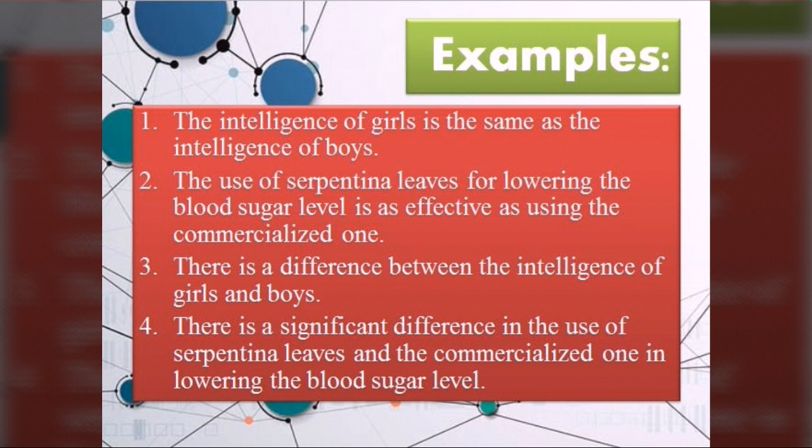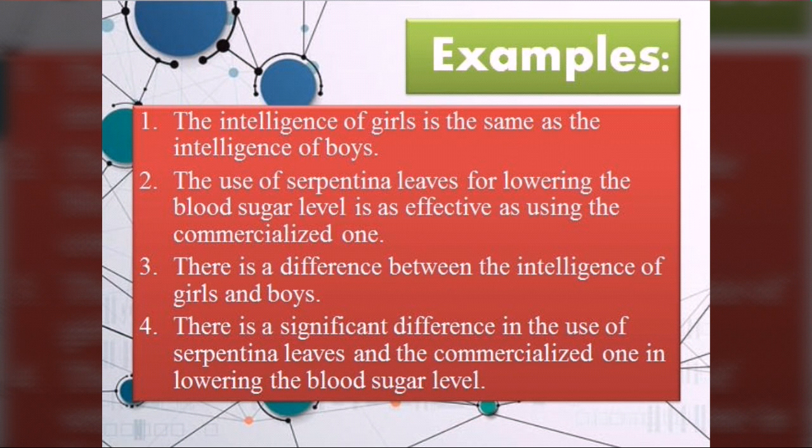Always remember that if it is a null hypothesis, no variation exists between the variables or a single variable is no different than its mean. Meaning to say, there is the same level of intelligence between girls and boys. The same. Okay, let us proceed with number 2.